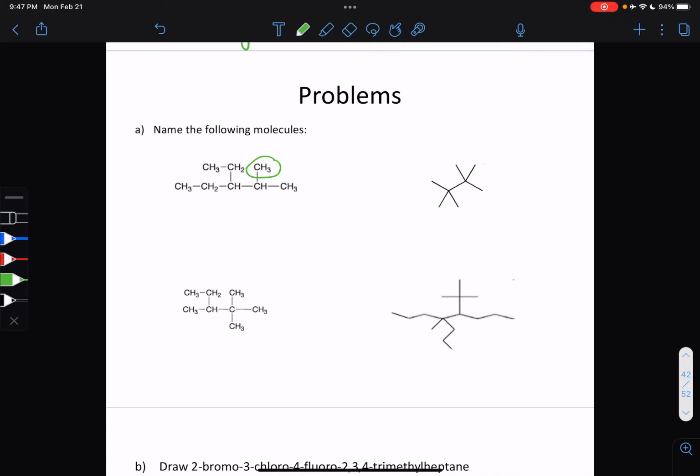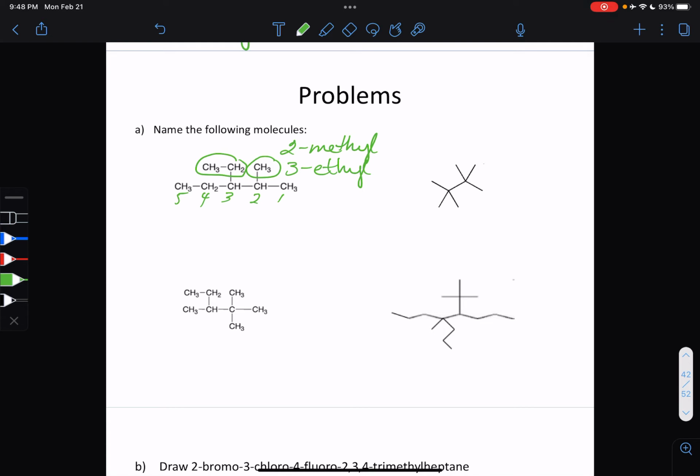If you numbered left to right, your first branch would come on which carbon? Carbon number 3. So we want to go 1, 2, 3, 4, 5 backwards. Okay, so what we have, I'm just going to write down what I've got and then piece it all together like I've been doing, is a 2-methyl and a 3-what? What's a 2-carbon branch? That's an ethyl.